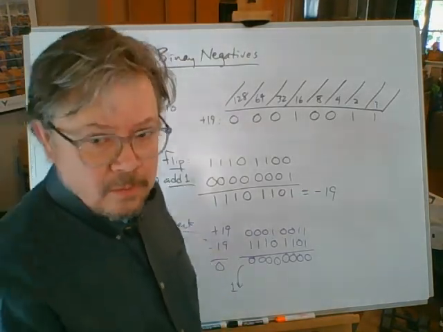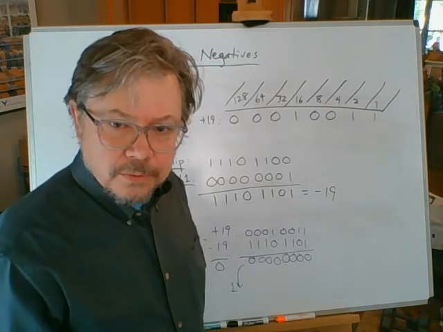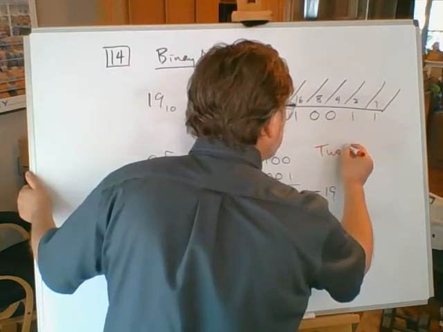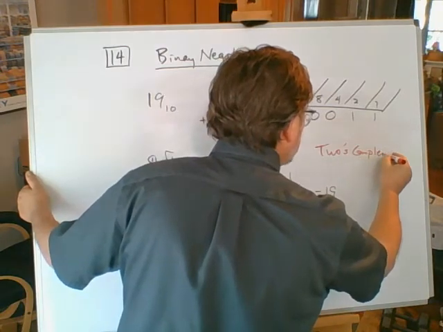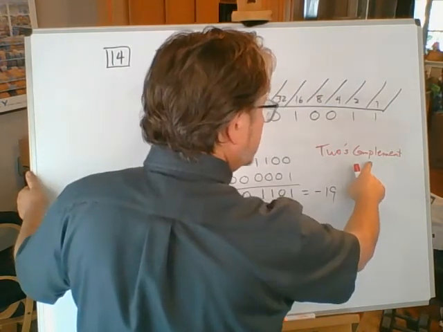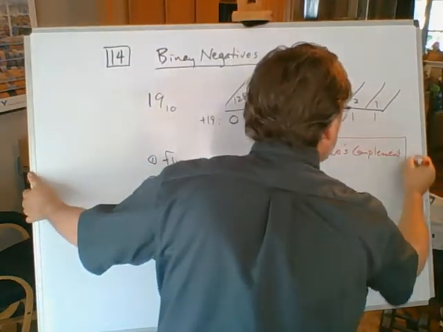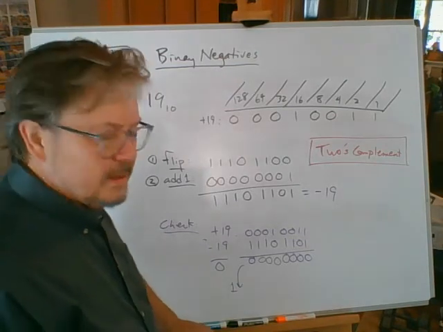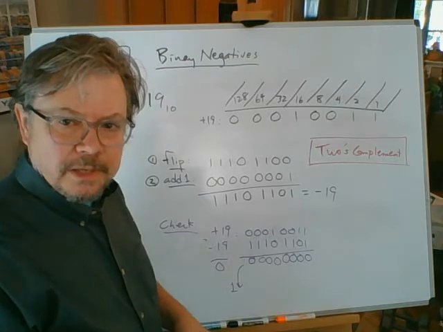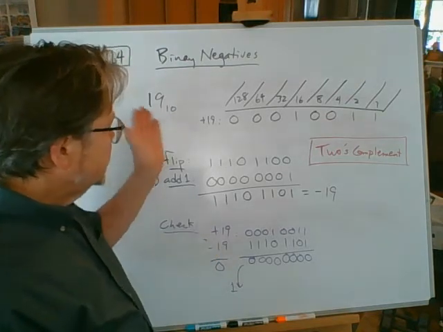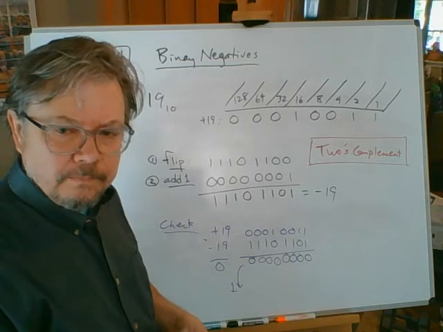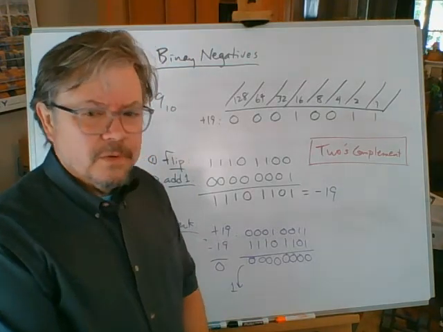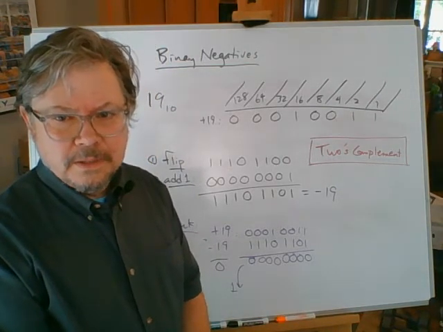Every computer now, ever since we got past those light bulb style computers, those fuse computers, tube computers, this is called 2's complement. 2's complement representation means to get the additive inverse of a positive number, flip the bits and add 1.